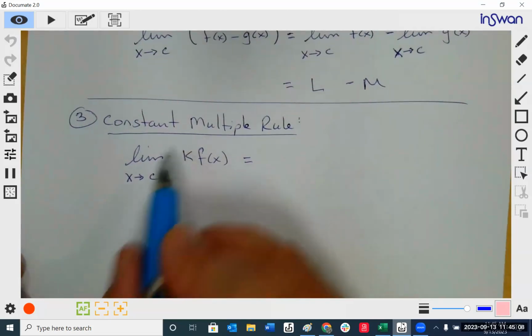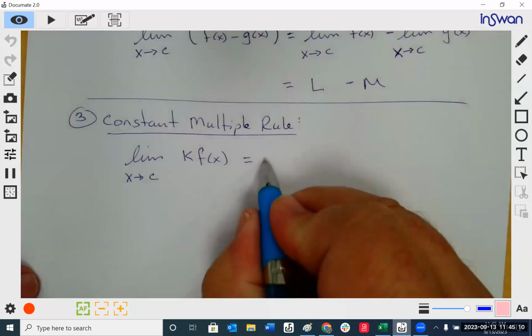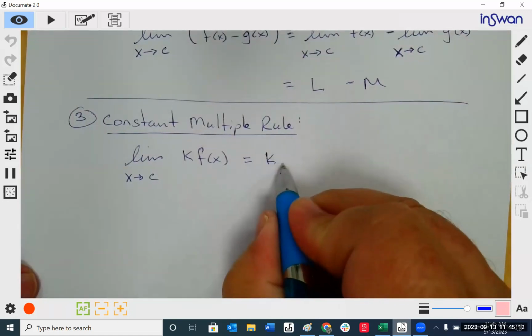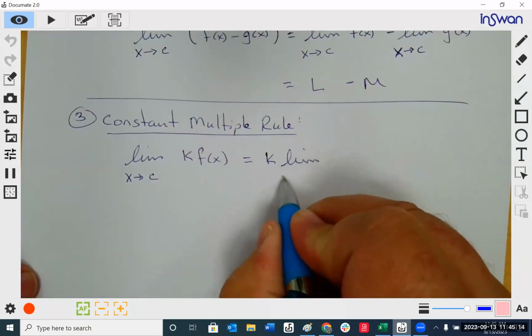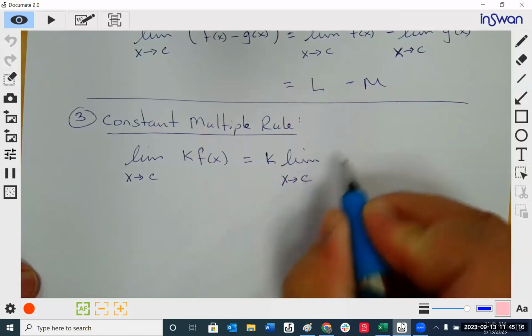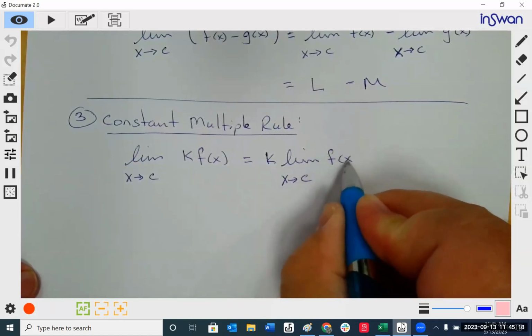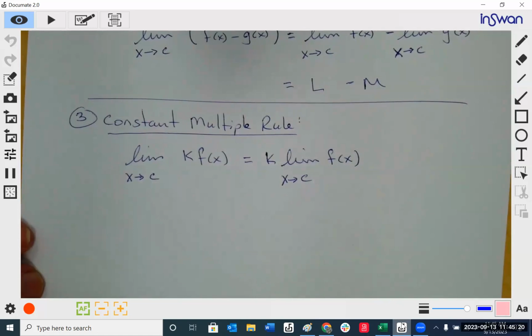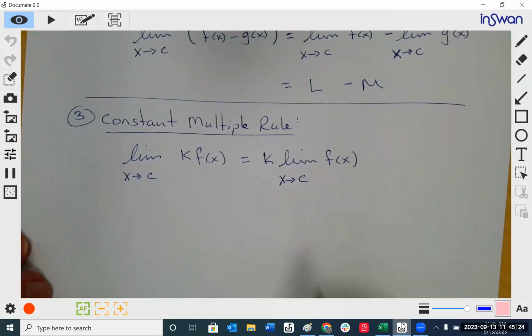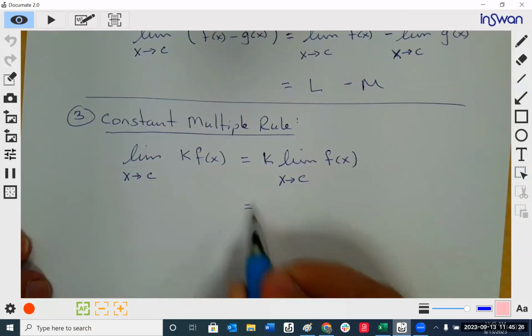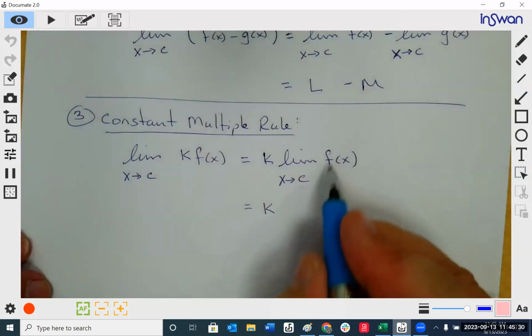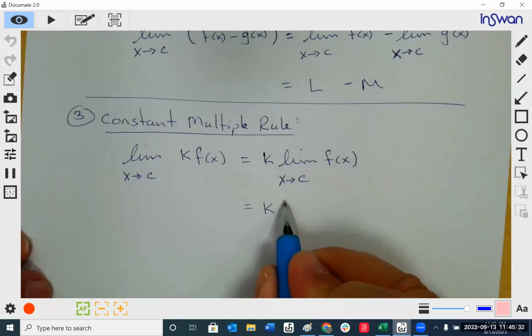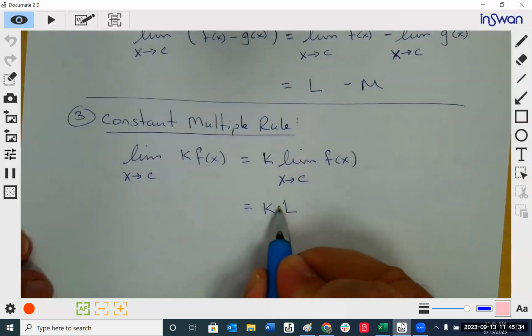Any constant that's not a function of x, I can put outside the limit. So the limit of f of x as x approaches c is L. So it's k times L.